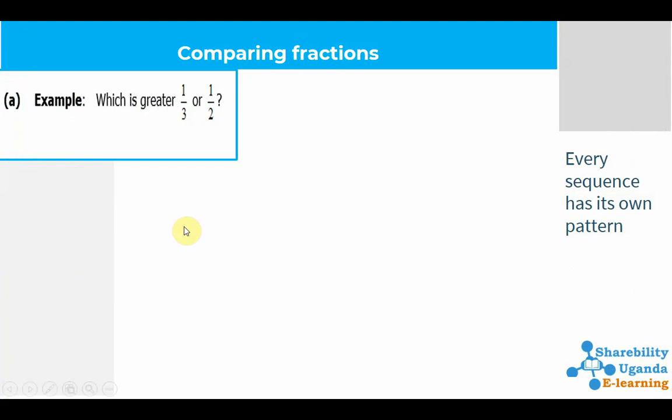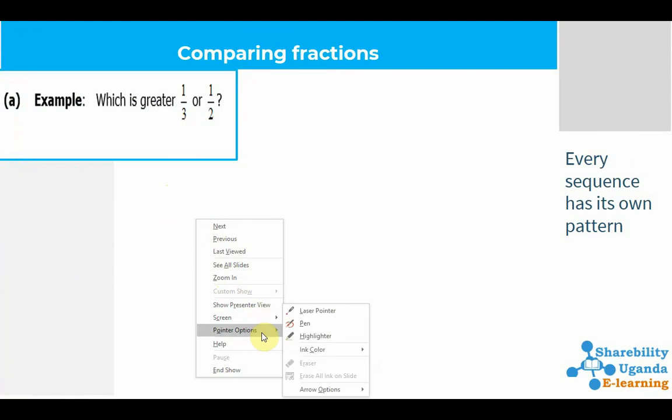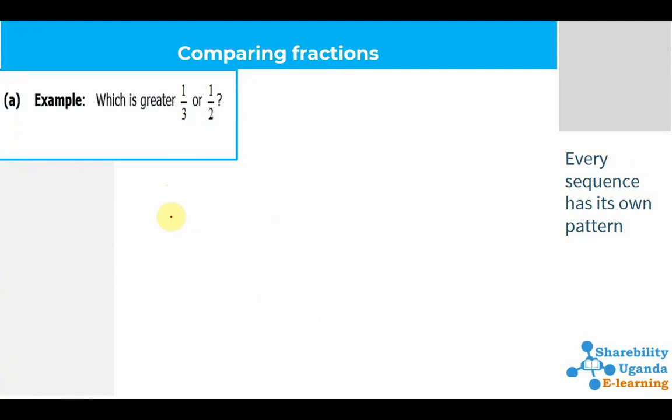We have been given some fractions here. We shall see how we can come up with one by one and see how we solve these problems. We have 1 out of 3 and 1 out of 2.